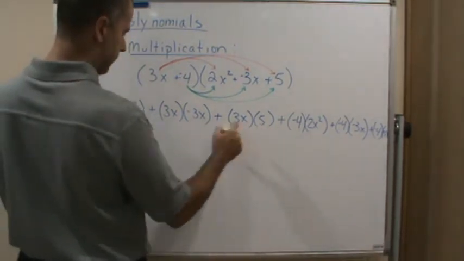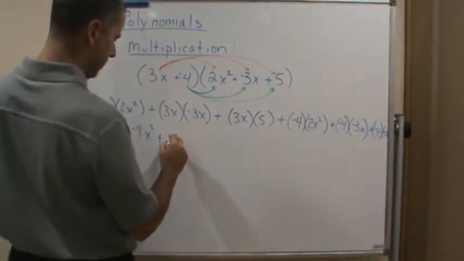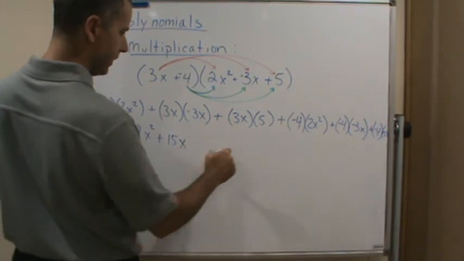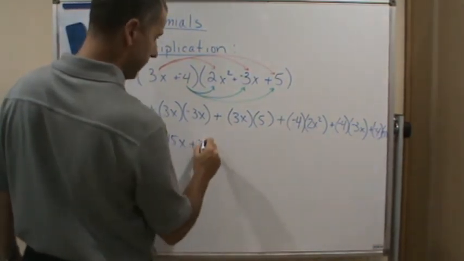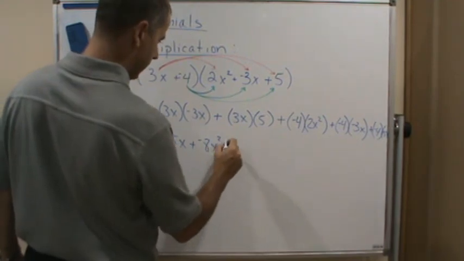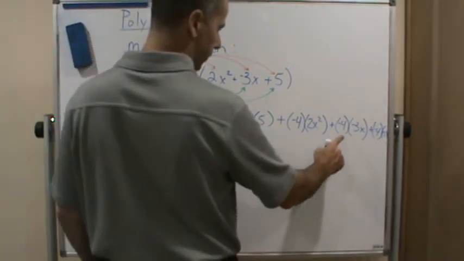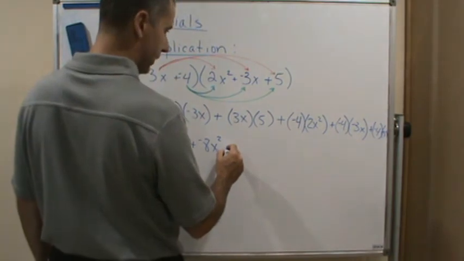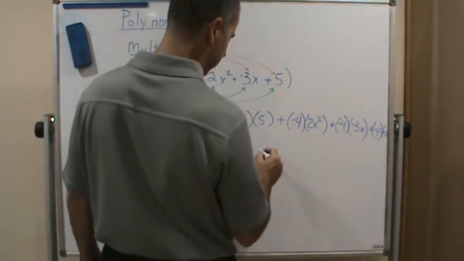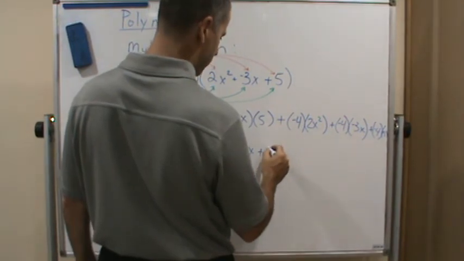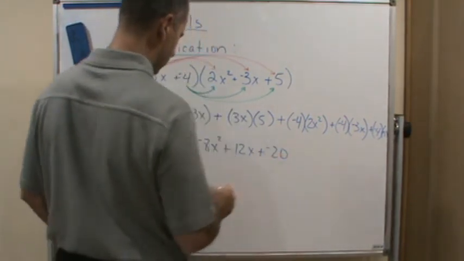And then 3 times 5 is 15 times x. Now negative 4 times 2 is negative 8x squared, negative 4 times negative 3 is a positive 12x, and then negative 4 times 5 is a negative 20.